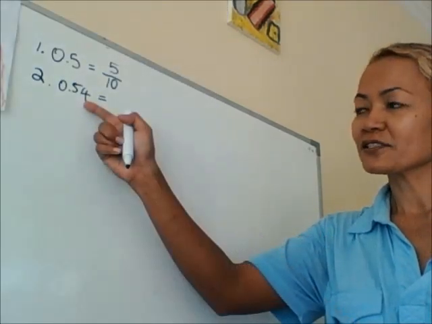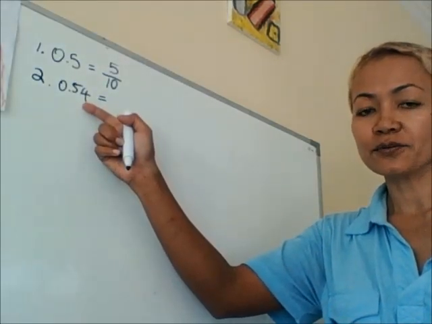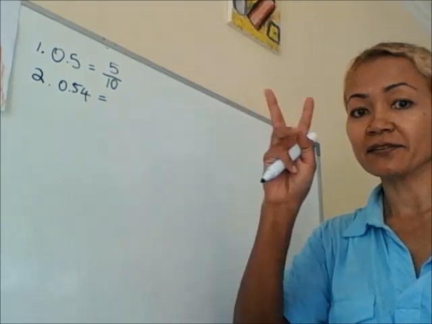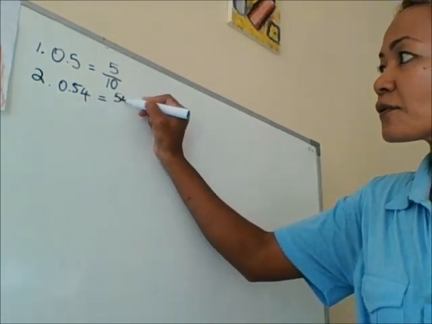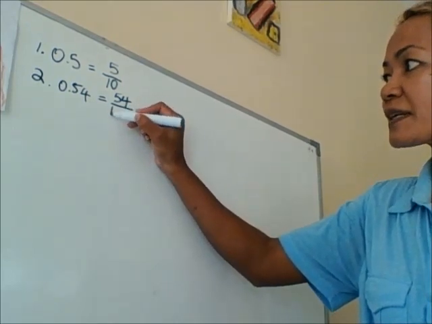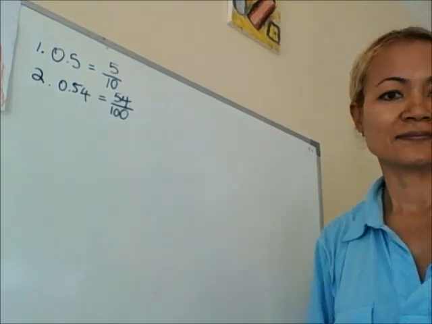That's 2 places to the right of the decimal place, so you know the denominator will have 2 zeros. So that 54 will be over a denominator with 2 zeros.